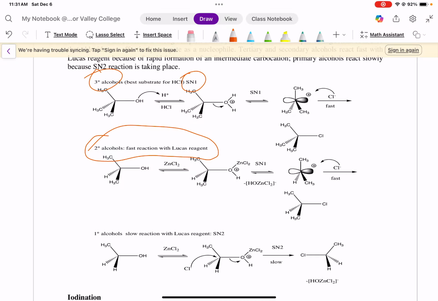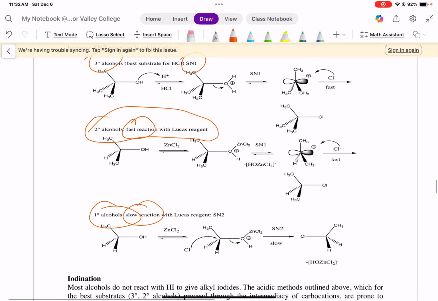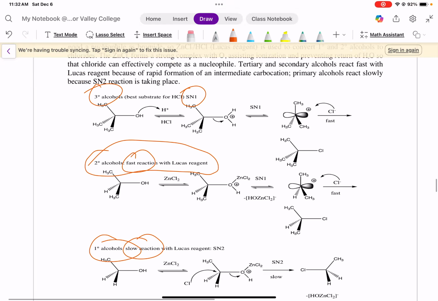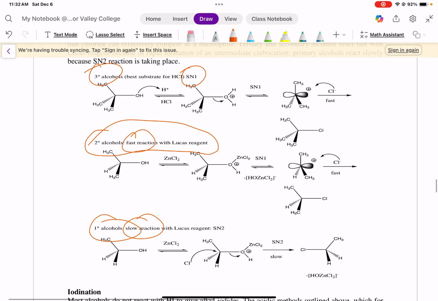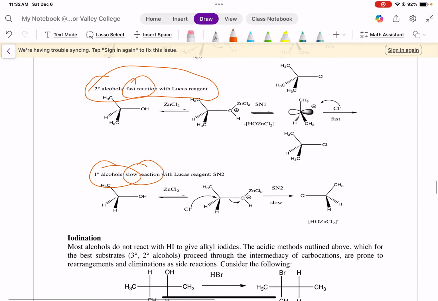It is the fastest one compared to primary alcohol. What happened with Lucas for the tertiary? I wonder. Okay, that's what we got to find out. But it looks like here it shows Lucas compares fast reaction for secondary versus slow reaction for the primary. So that's a good difference for us to identify what type of alcohol.